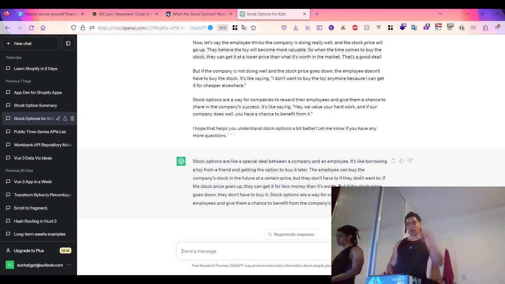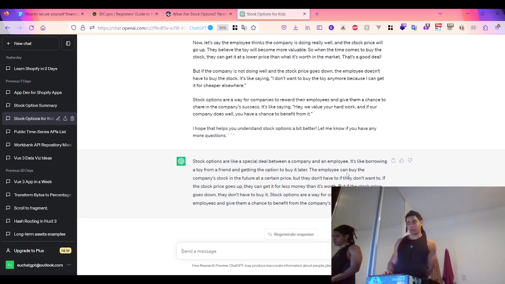It's like borrowing a toy from a friend and getting the option to buy it later. Hey, can I test this? For example, it's like borrowing a toy from a friend, let's say a cell phone, and getting the option to buy it later.